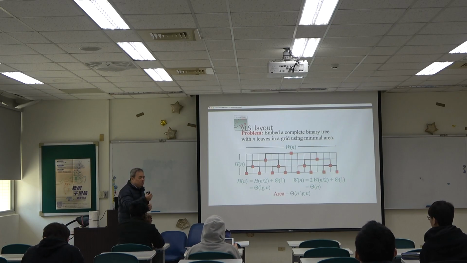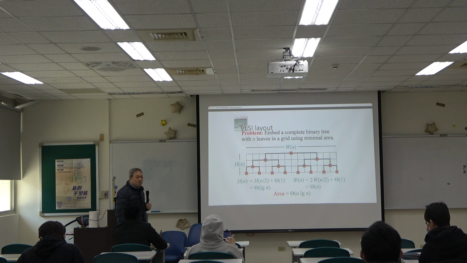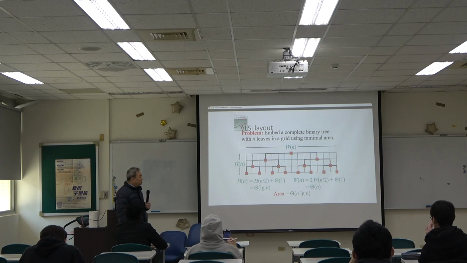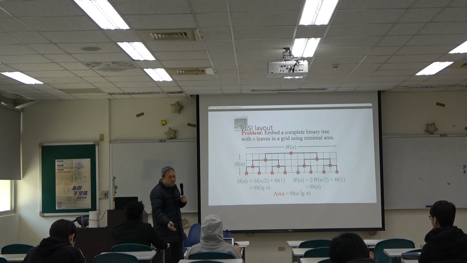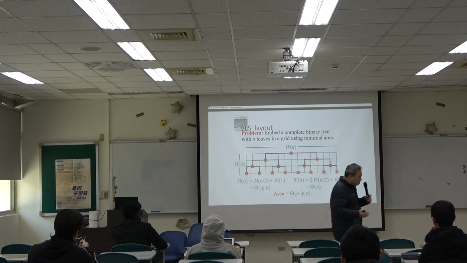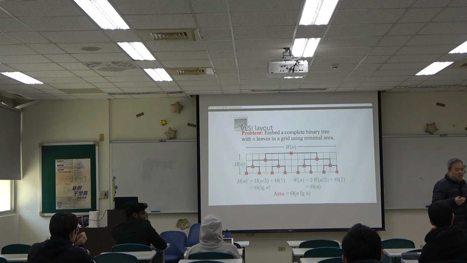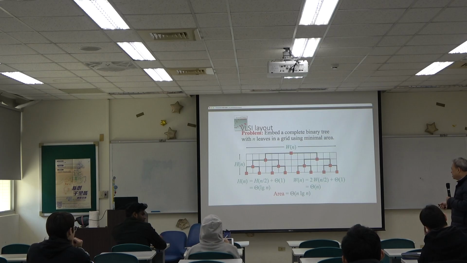Can we do a better job? The idea is that this tree grows in one direction, right? If we are able to expand the tree in both dimensions, then maybe we are able to do it a little better.